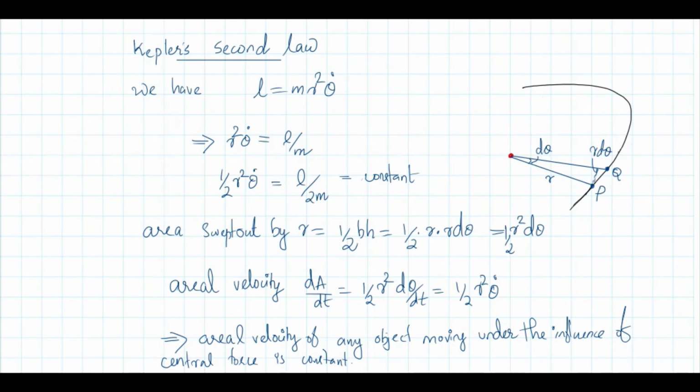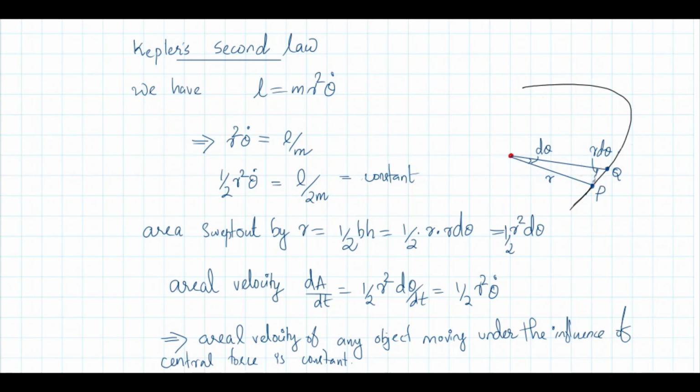Then area is half B H, where B is the base, it is r, and H is approximately r d theta. So it is half r squared d theta. This is the area swept out by the radius vector. Then what is areal velocity? What is the area covered in unit time? This is the area covered in a time dt.